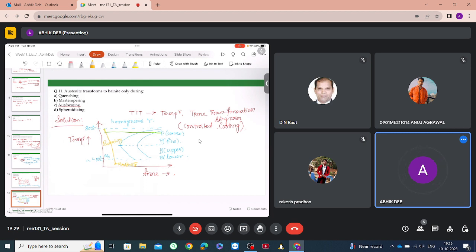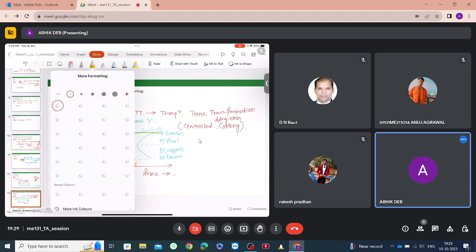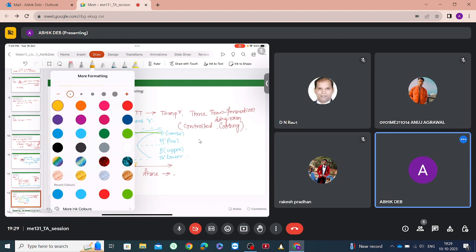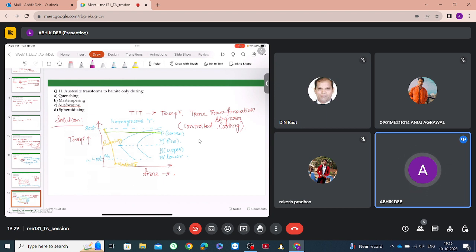What is called martempering? Martempering is the process wherein we reach the martensite region and then hold it at this temperature. This is called martempering. Spheroidizing, we know that spherical cementite is formed in a perlite matrix.